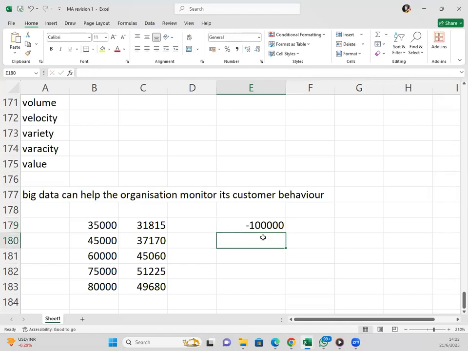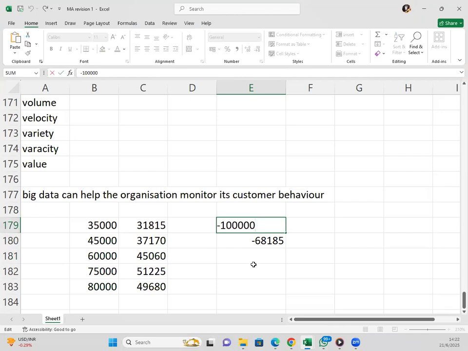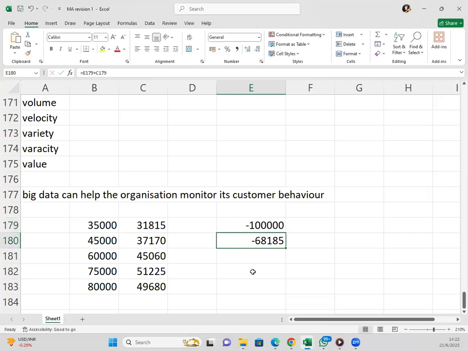Then we start adding back. The first year we add back 31,815. So after the first year, you haven't recovered. Then we get to the second year.